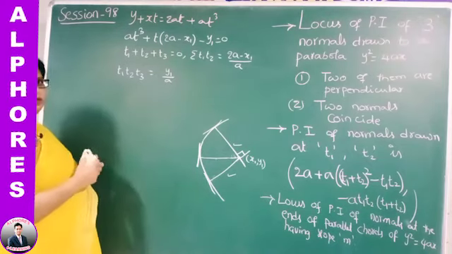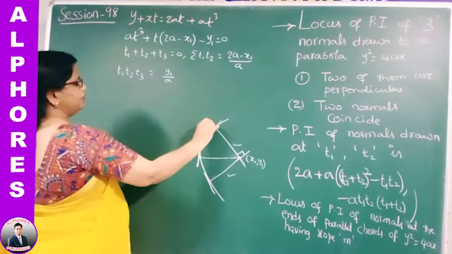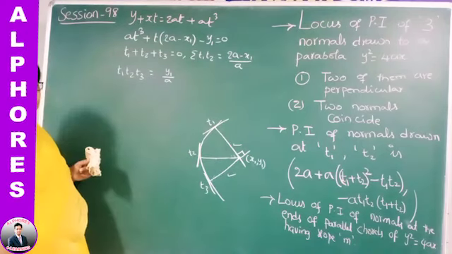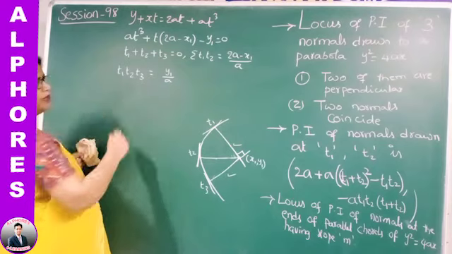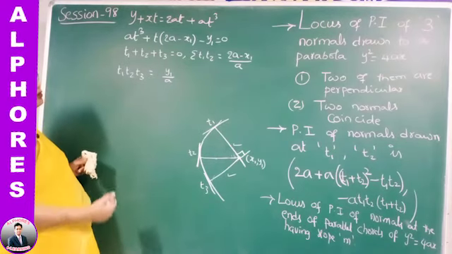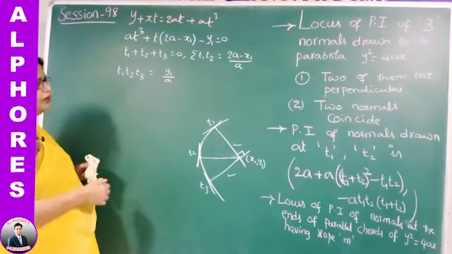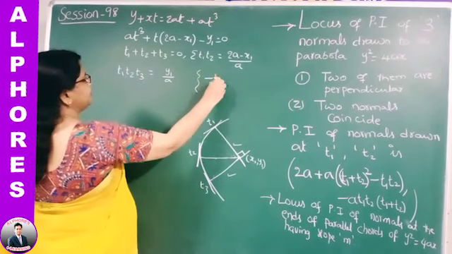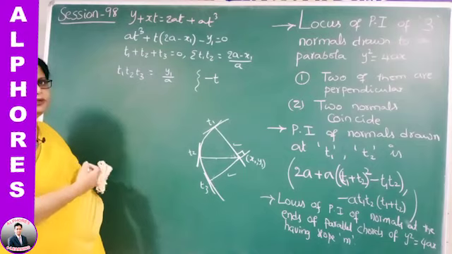Now what is the given condition? Suppose a normal is drawn at t1, another at t2, and the next one at t3. Then two of them are at right angle. What about the slope of each normal? You know clearly the slope at the point t is minus t.